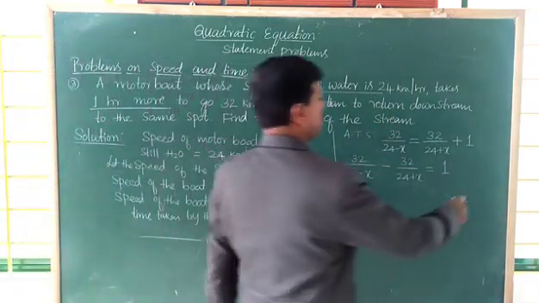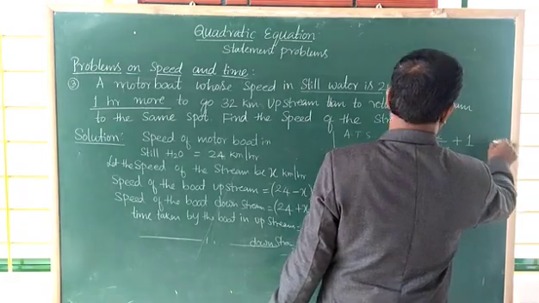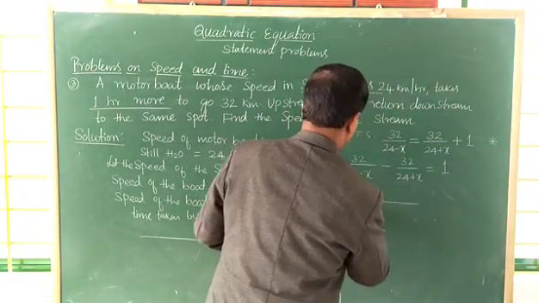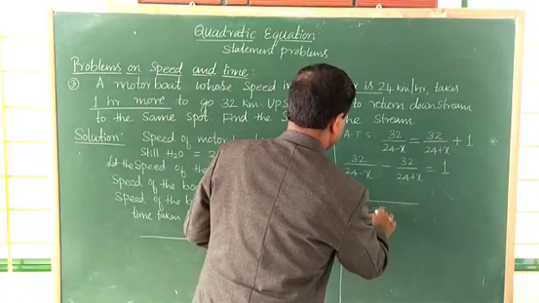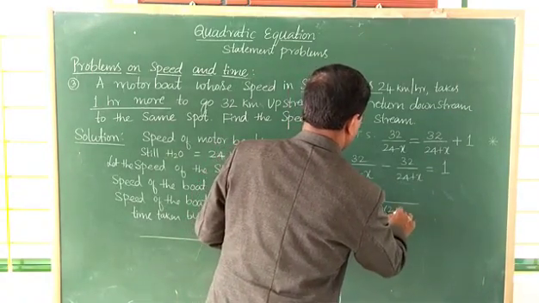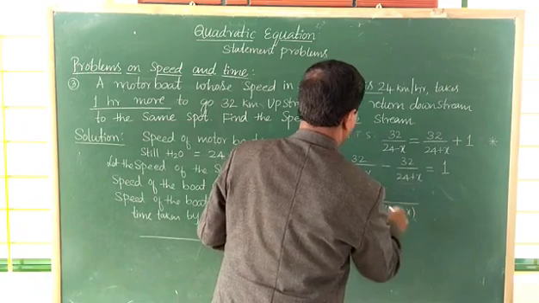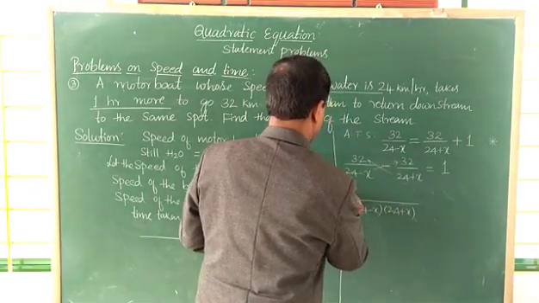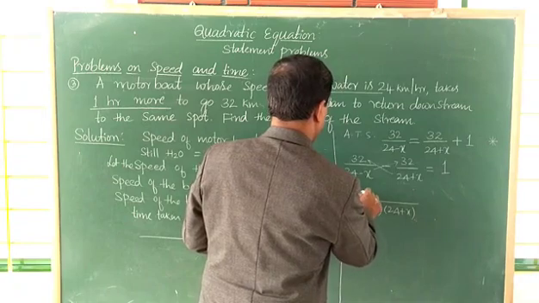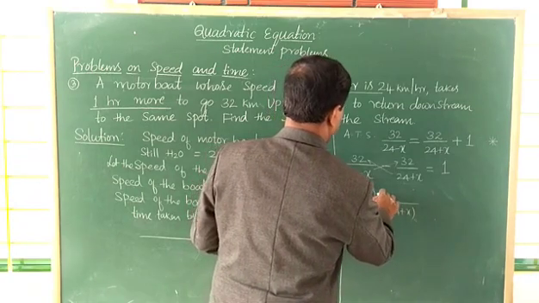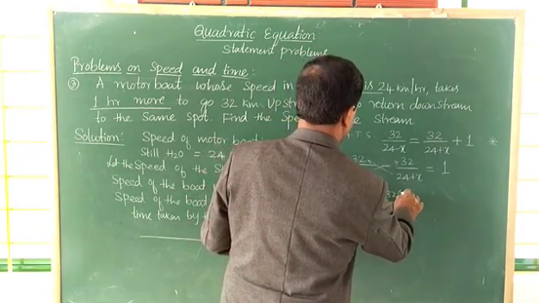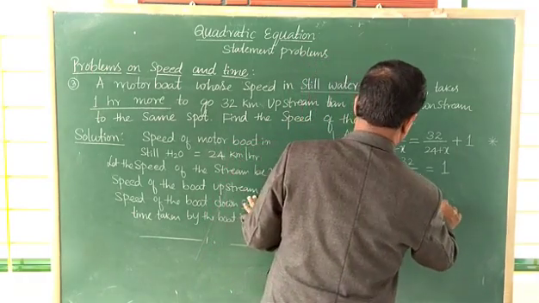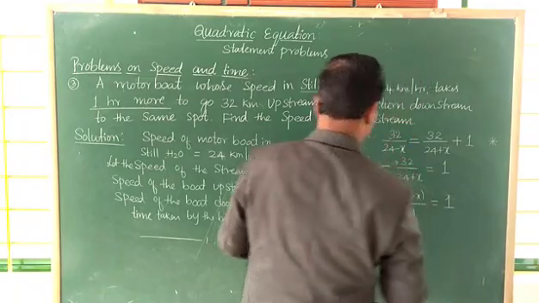So here is a very important statement. Now the LCM is (24 minus x) into (24 plus x). So cross multiplication: 32 into (24 plus x) minus 32 into (24 minus x) is equal to 1.